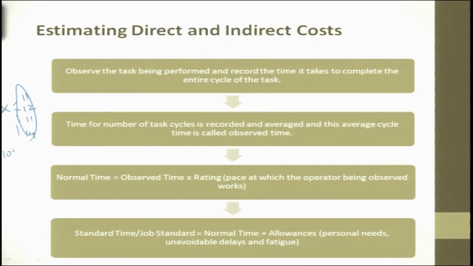So it takes 12 minutes. Indeed 48 divided by 4 is 12 minutes. So what have you done? You have taken the time for the same task done 4 times and averaged it out, and this 12 is called the observed time.